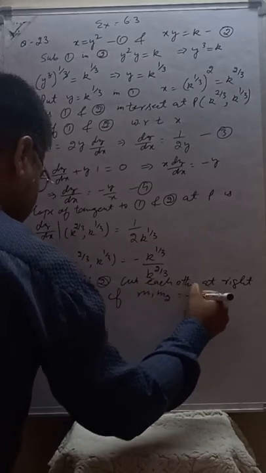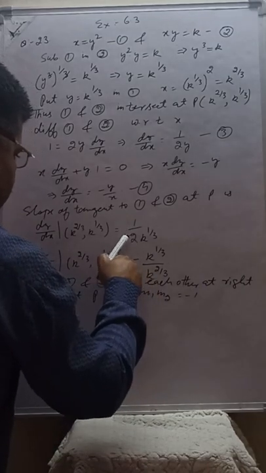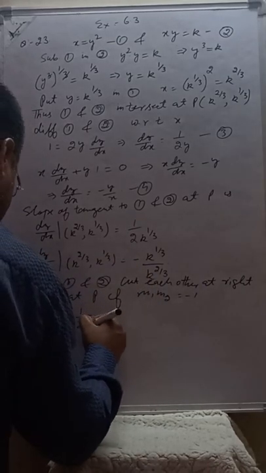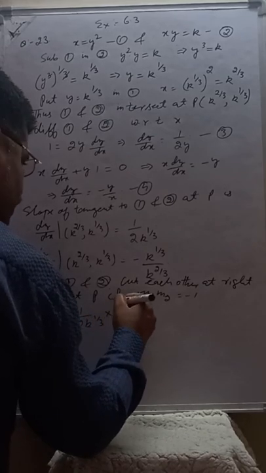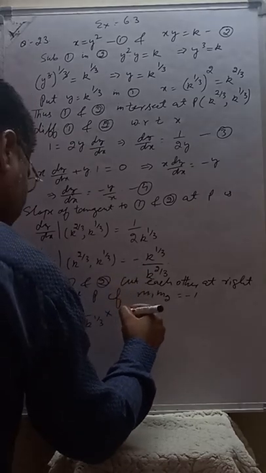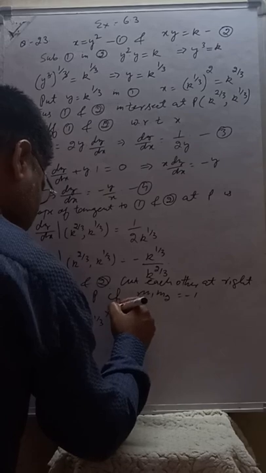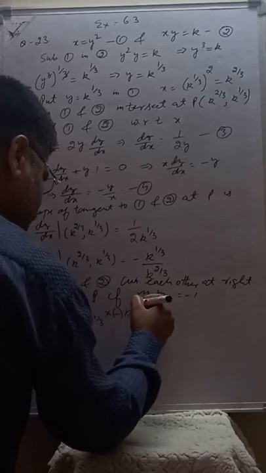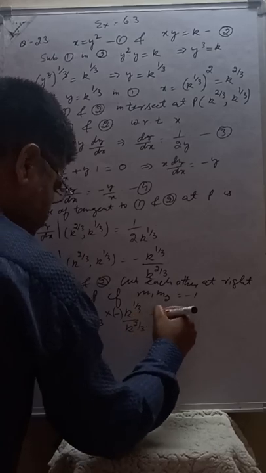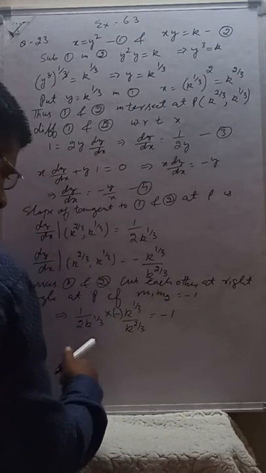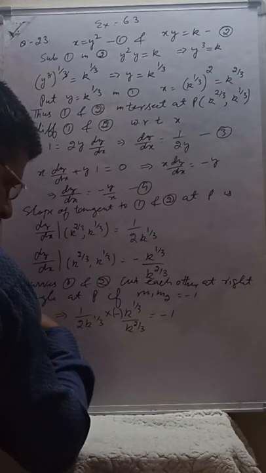m1 m2 = −1, which implies the first slope is this, that is 1/(2k^(1/3)), into the second slope, which is −k^(1/3)/k^(2/3). The product of these slopes is −1. The left hand side is negative, the right hand side is also negative. The negative sign and the negative sign will cancel.